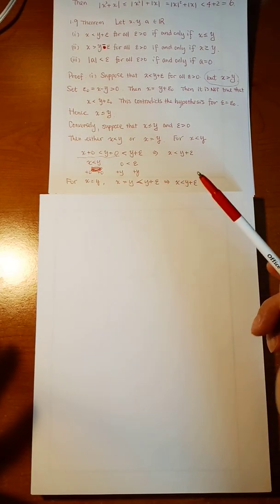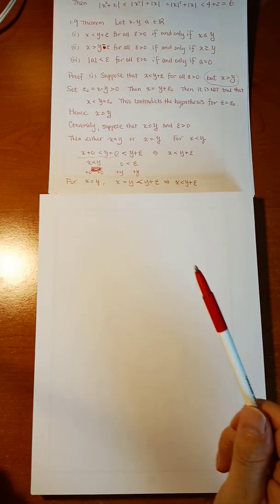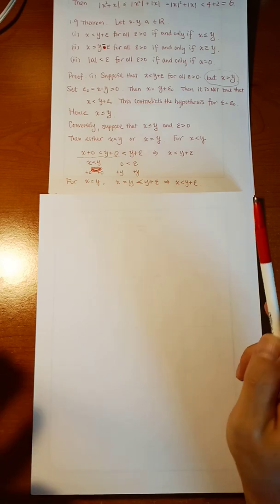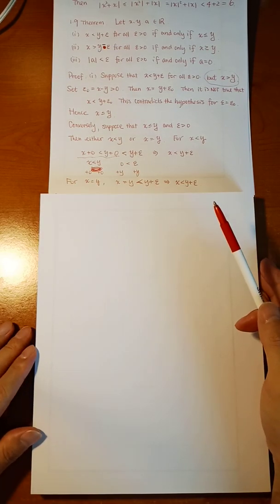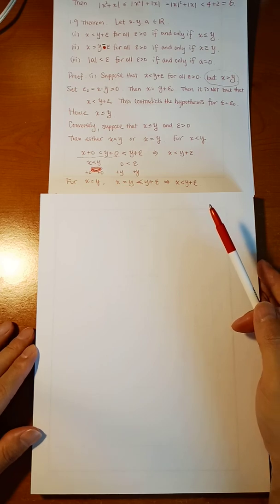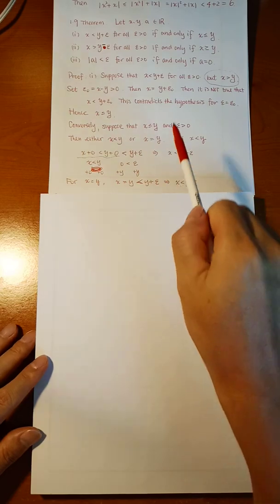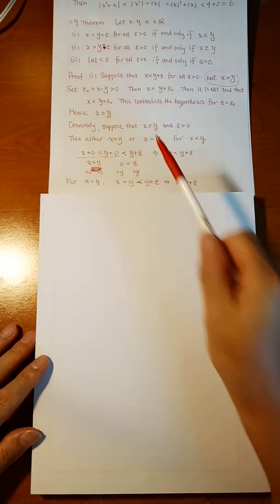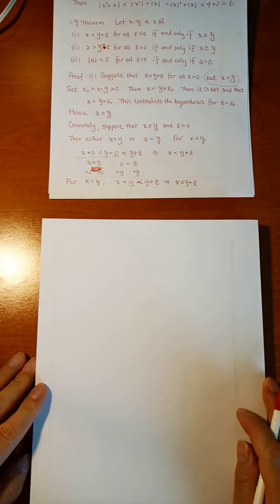See if you can prove part 2 and part 3. If you couldn't, you go back to the textbook and read it and try to understand which part you couldn't pass. Okay? So do the proof for part 2 and part 3 by yourself and check it with the textbook. Okay.